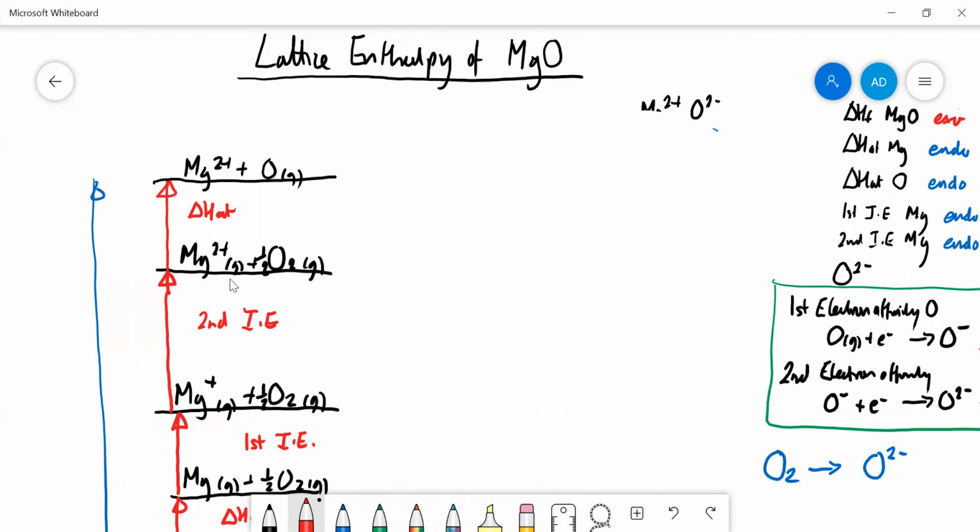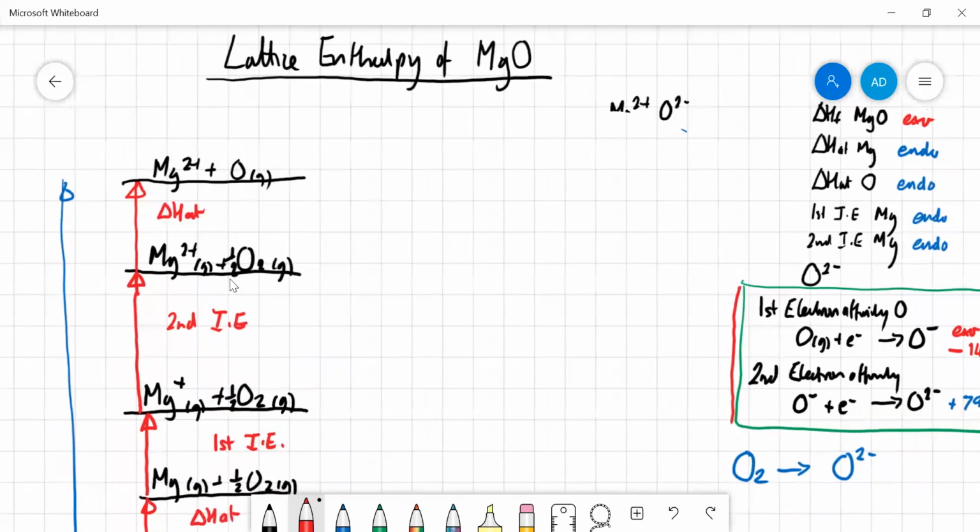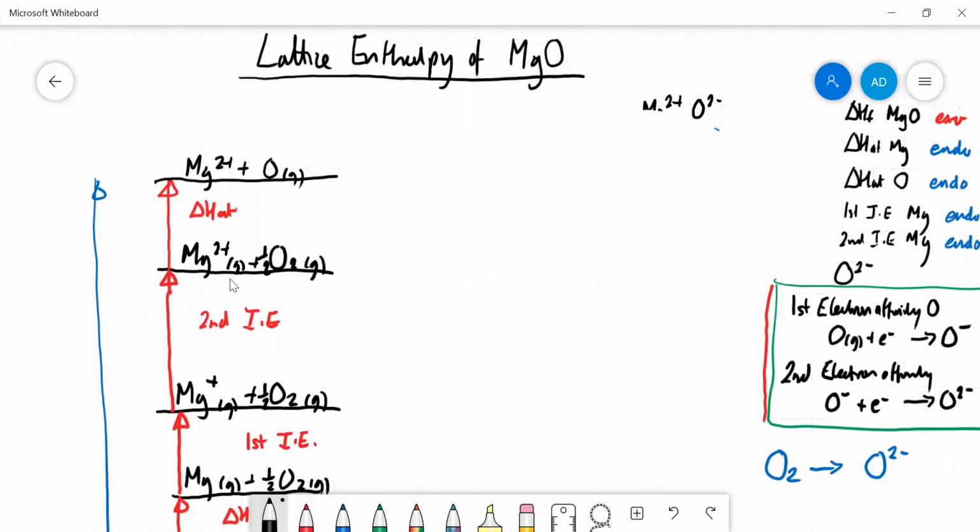Now we come to the electron affinities. This bit here is where it gets a bit tricky. Now the first one is exothermic. It was a value of -141, so we're going to go down a little bit. So here we're going to have Mg2+ gas plus a singly charged oxide ion. And that's going to be the first electron affinity.